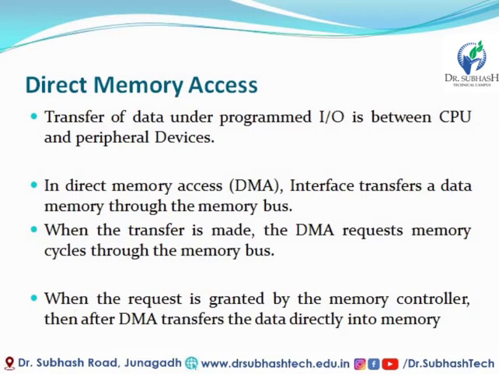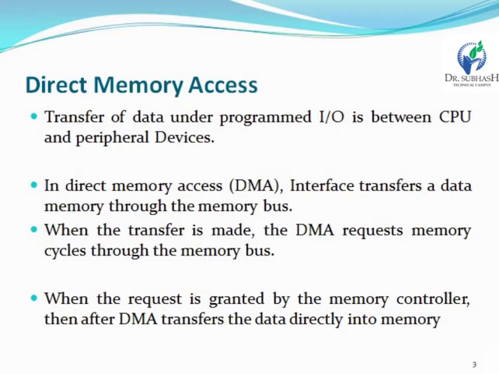When the request is granted by the memory controller, the DMA transfers data directly into the memory unit. So this is one short description: transfer of data under programmed I/O between the CPU and peripheral device.